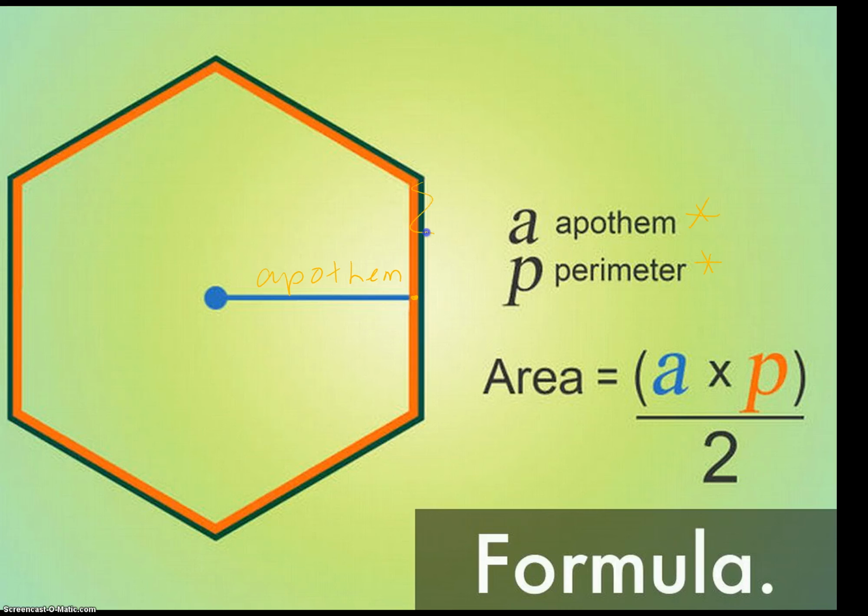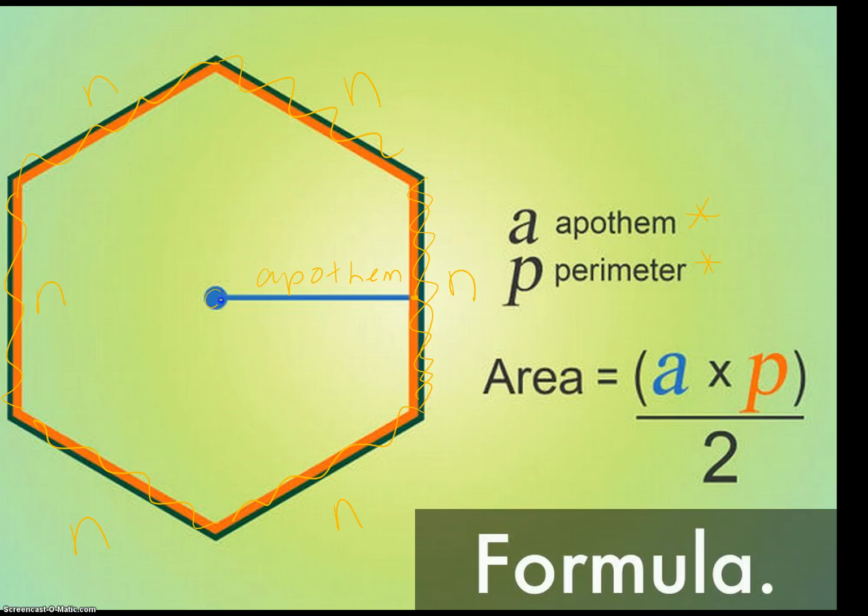So if you know one of the sides, let's say let this be n, and then this one would be exactly the same, and this one would be exactly the same all the way around, because in regular figures, all side lengths are congruent, are equal. So you have 6 sides, so your perimeter would be 6 times whatever your n is, or in this case, we don't know it, so just 6n.